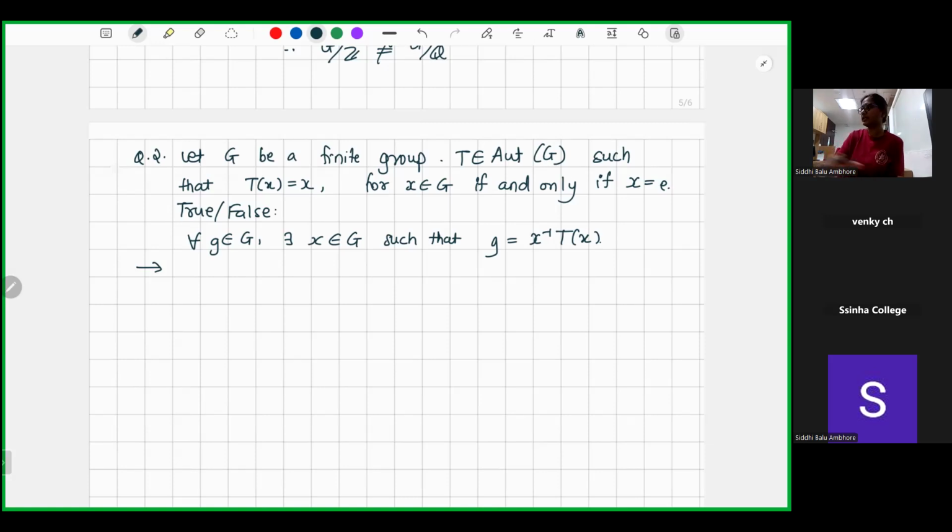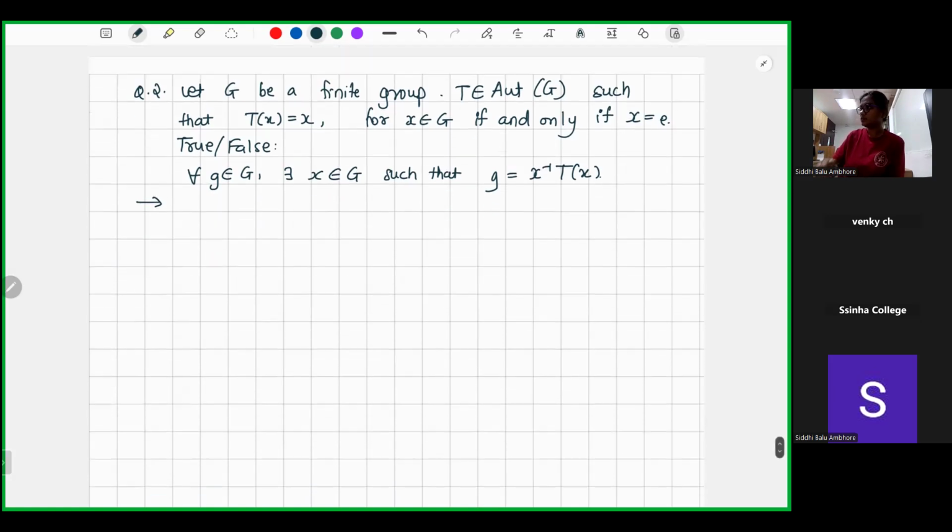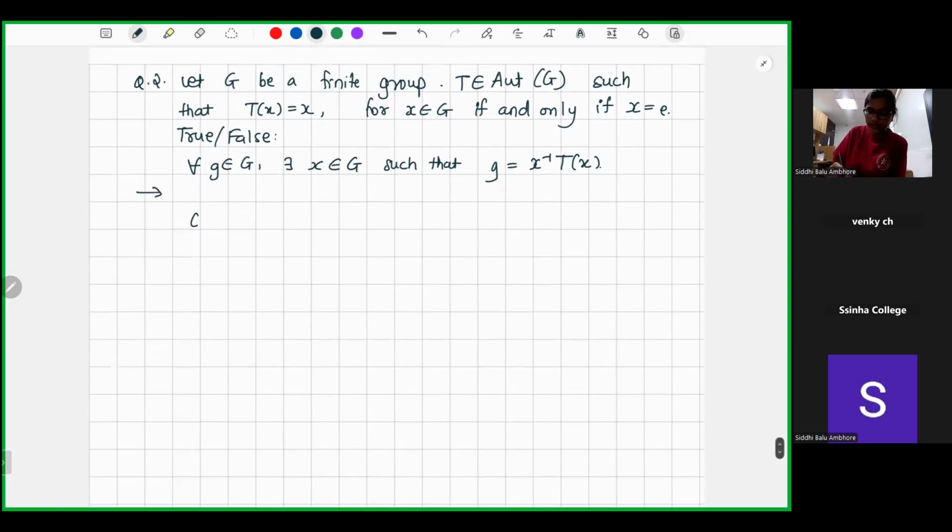Okay, so this statement is true, and we can first note that G is a finite group.